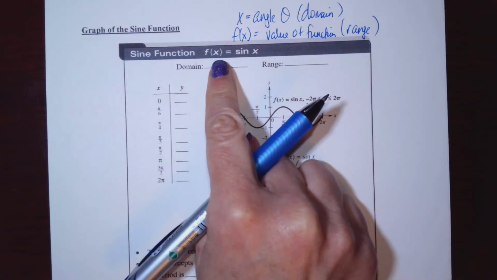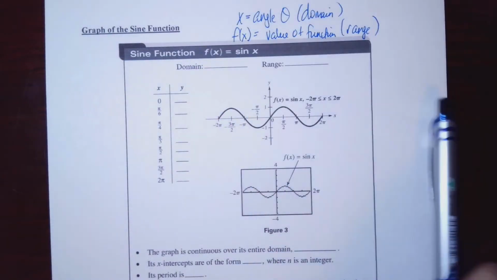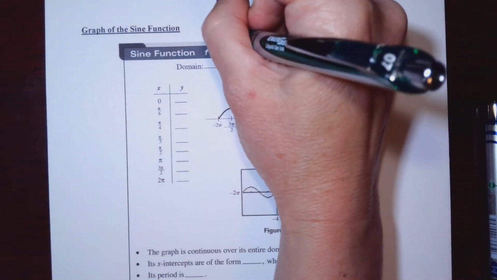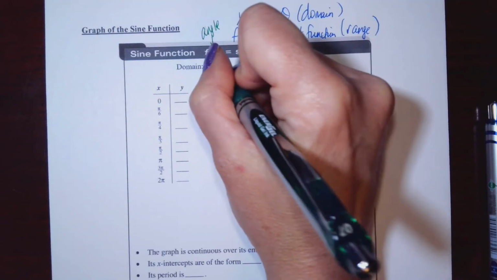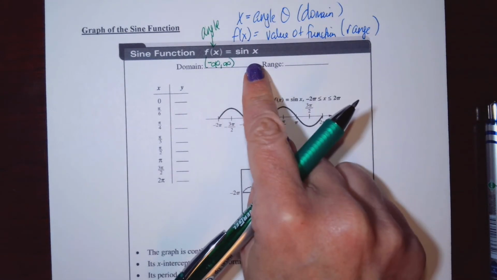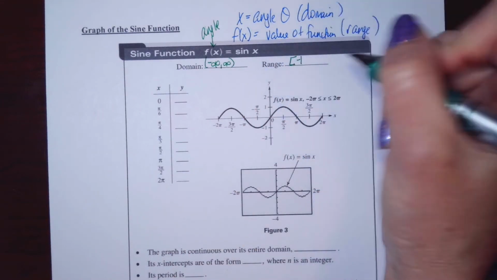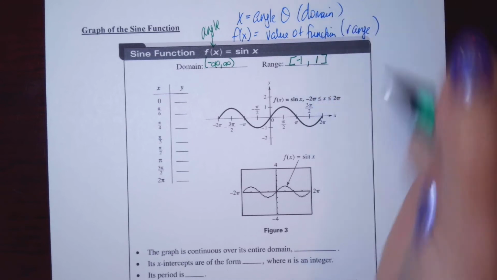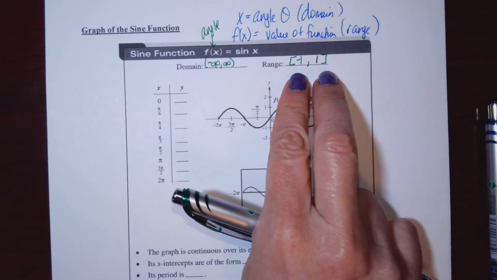So when I'm graphing sine, I can plug any angle into my domain. My domain is all real numbers. Any angle works. When I graph my sine function, we just cycled through the range of sine function values. The lowest value was -1 and the biggest value was +1. So my range is from -1 to 1, and we've looked at that before.